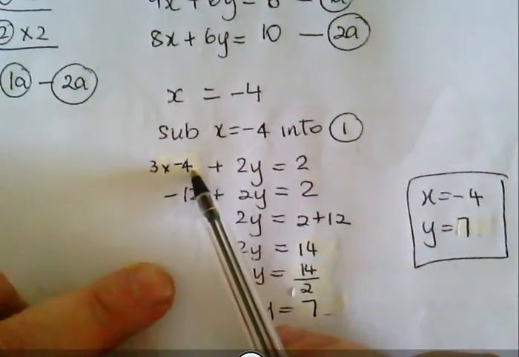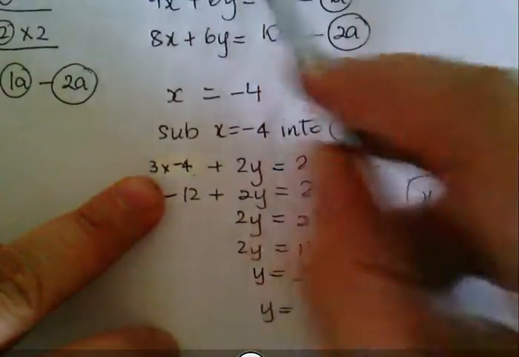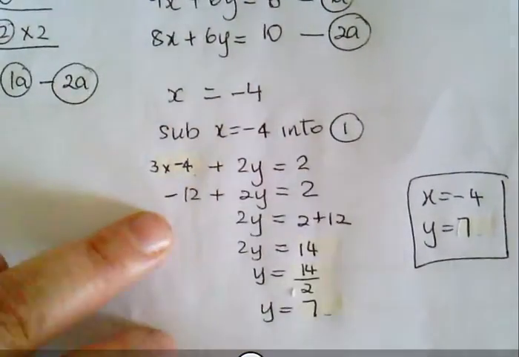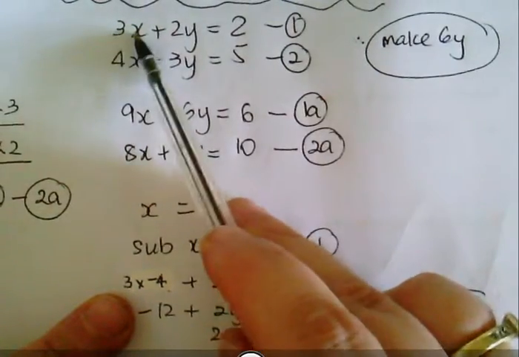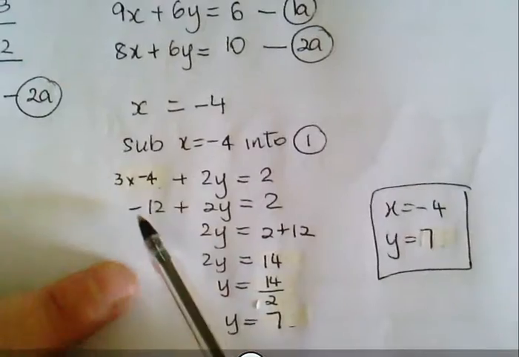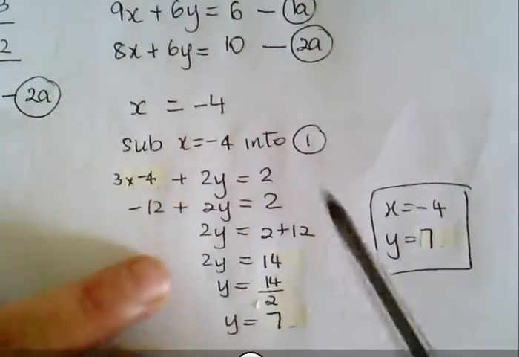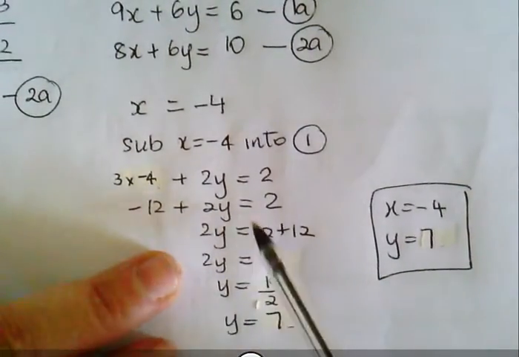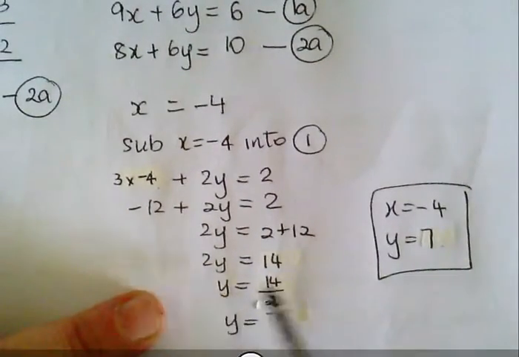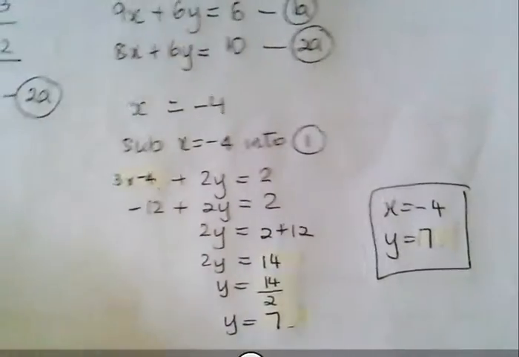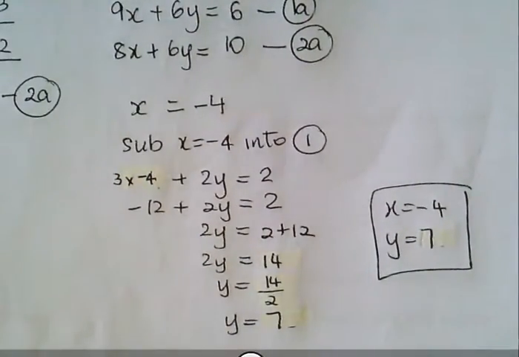So 3 times negative 4 plus 2y equals 2. So 3 times negative 4, I've got negative 12 plus 2y is 2. So 2y is 2 plus 12, which means 2y is 14. Therefore, y is 14 divided by 2, which is 7. So the solution is x equals negative 4, y equals 7.